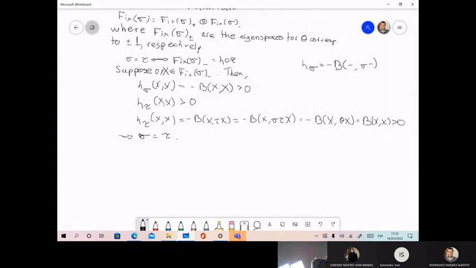Okay. So we know that if we have two compact real forms which commute, then they must be the same. And what we want to prove now is the following, which in particular proves that there's only one conjugacy class of compact real structures, which is this proposition here.